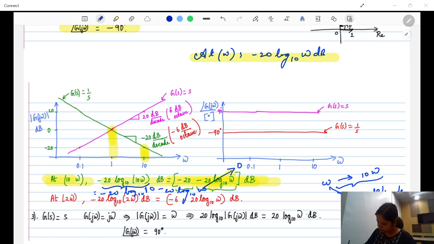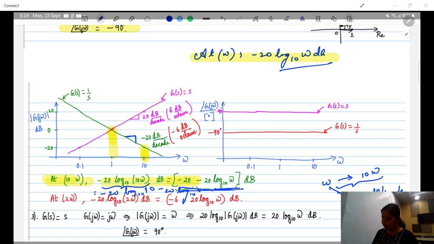We already did for 10 omega, no? If omega is 10, we got this and it is decaying by minus 20. So at 1 we had this value, and we have a value 20 less at 10 omega.